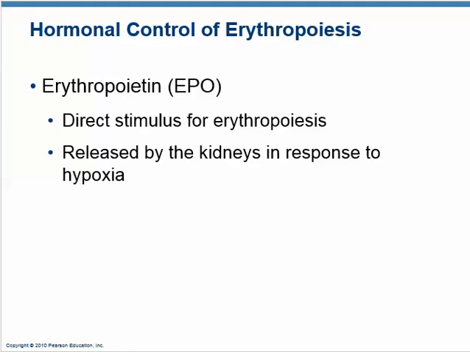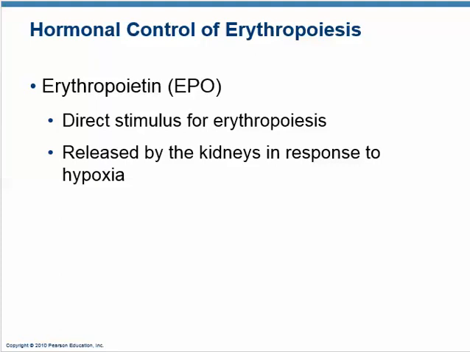The main hormone that controls erythropoiesis is called erythropoietin, EPO. It directly stimulates erythropoiesis in the bone marrow. Now it's interesting, the organ that causes the release of EPO is the kidney. And the kidney actually uses a lot of oxygen.